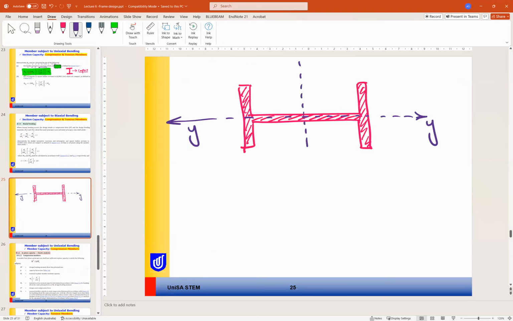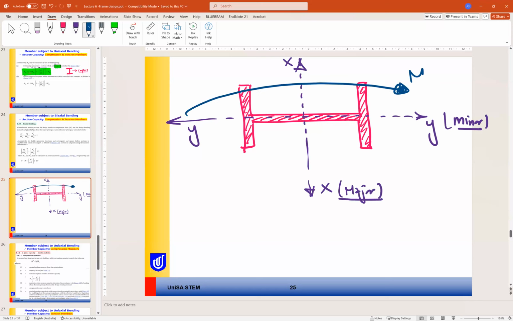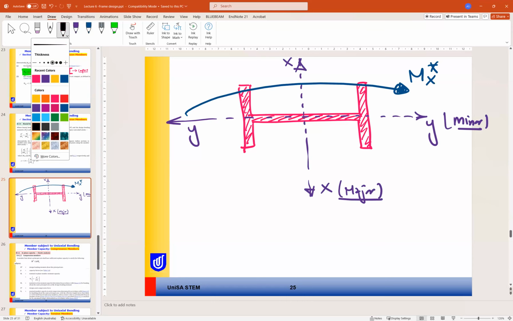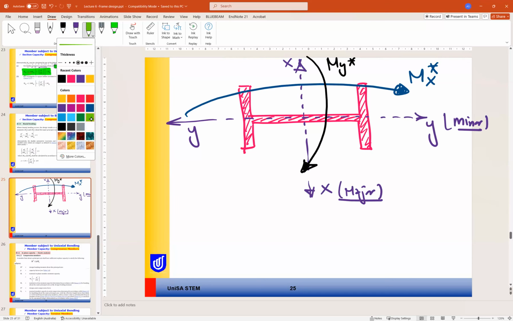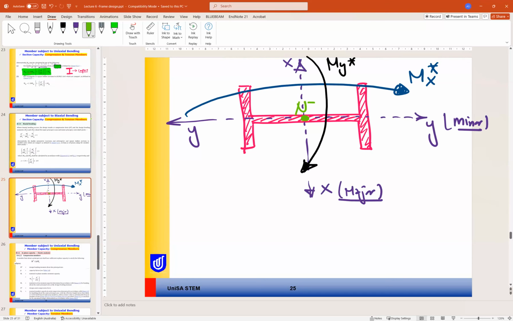This is the x-axis, because x is the major, y is the minor. So this column is under one moment Mx asterisk and one moment about y, My asterisk, plus N asterisk in the middle.